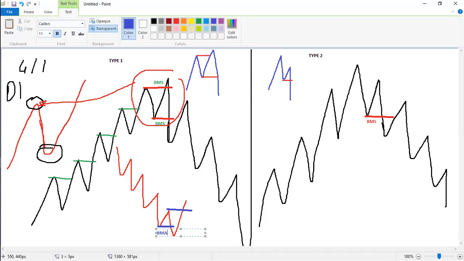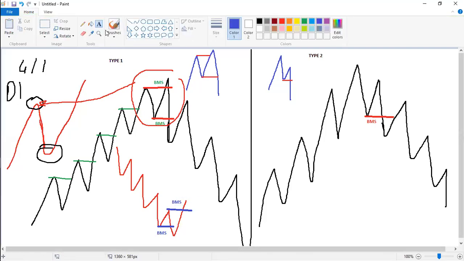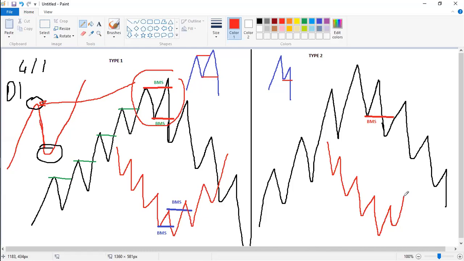BMS and BMS, and we get a higher low, higher high. As you can see, lower low, lower high, BMS, lower low, BMS. On type 2, lower low, lower high, lower low, lower high, lower low, lower high, lower low, lower high. There's no new low down here. Then they break structure right here.